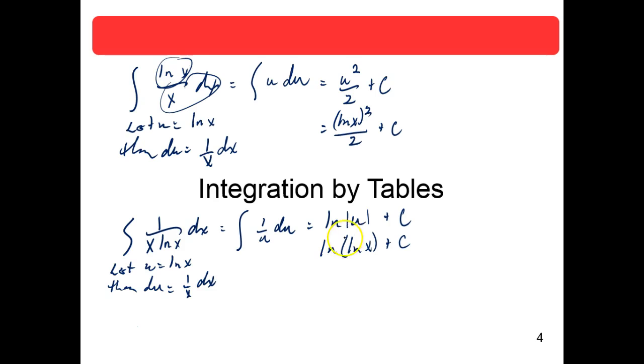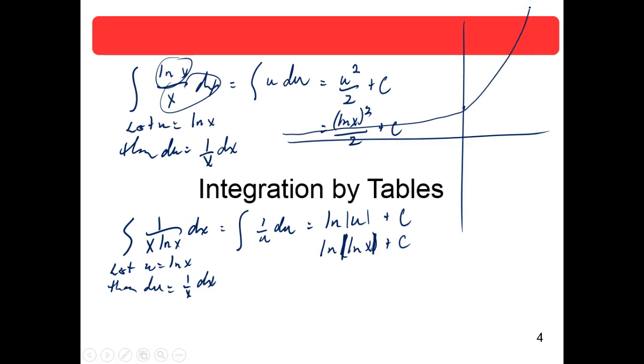Go over quickly what log and natural log is again. I don't know if a graph will help. If you remember what the e function is, y is equal to e to the x, right?